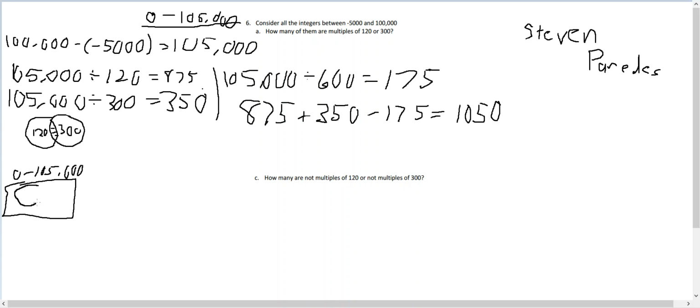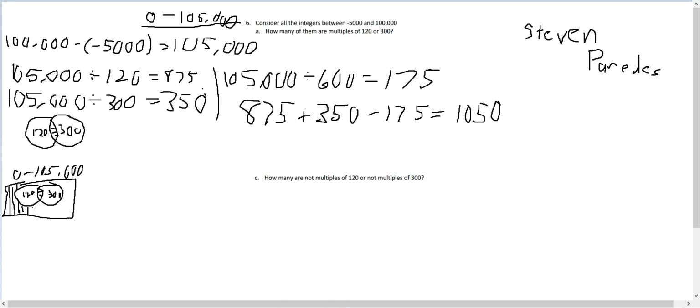And then these circles, poorly drawn but still, are going to be the numbers that are divisible by 120 and 300. Alright, that's the overlap there. And we are looking for the numbers that have these vertical bars.